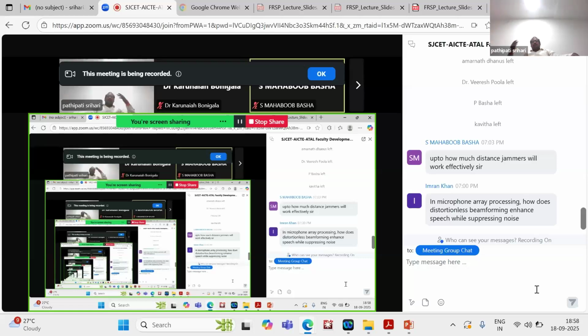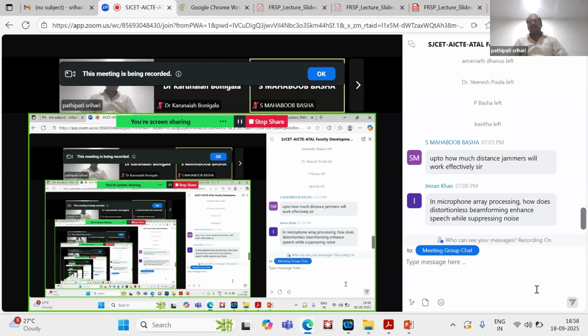So in microphone array processing, you are talking about, maybe, yeah. Whatever I know. You are talking about speech, okay, while suppressing noise.